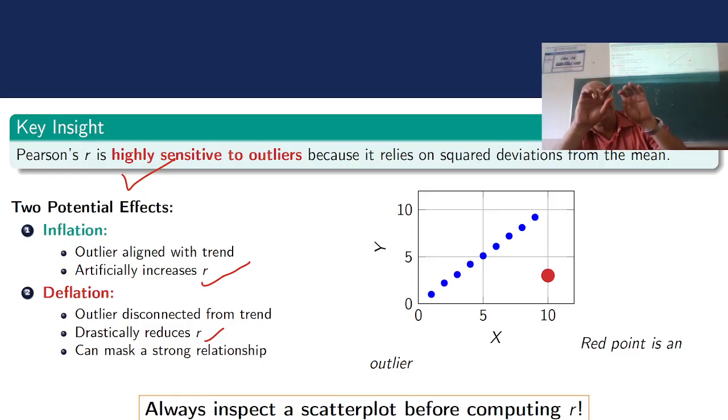In median, you are sorting it in ascending order and selecting the center value. In mean, you are summing up all the values and dividing by the number of observations. In median, you are putting all these things in ascending order and working with the central value.